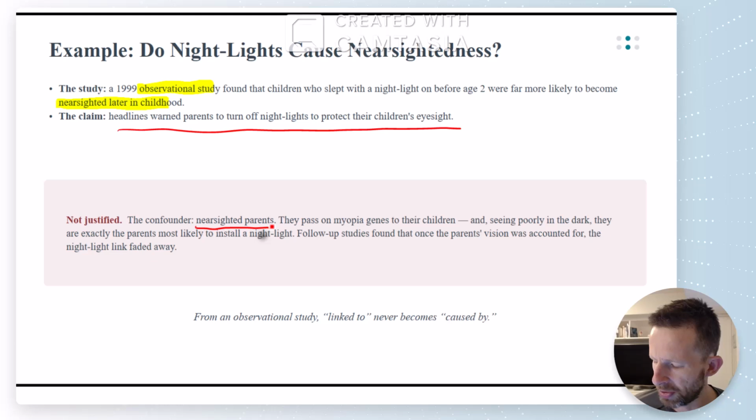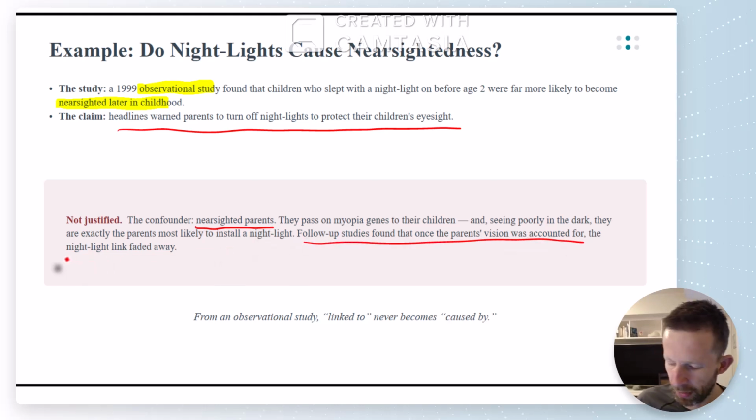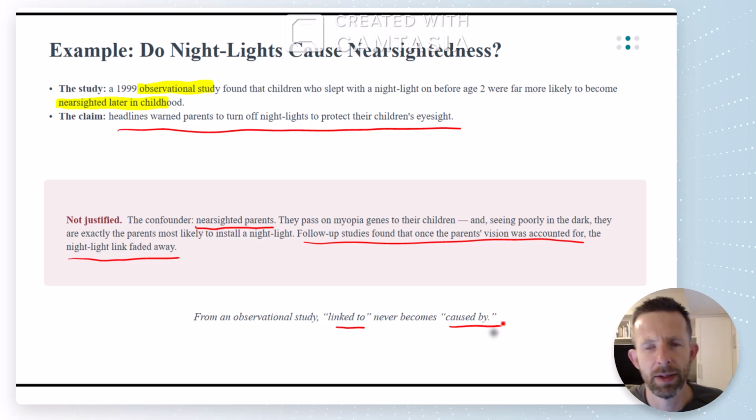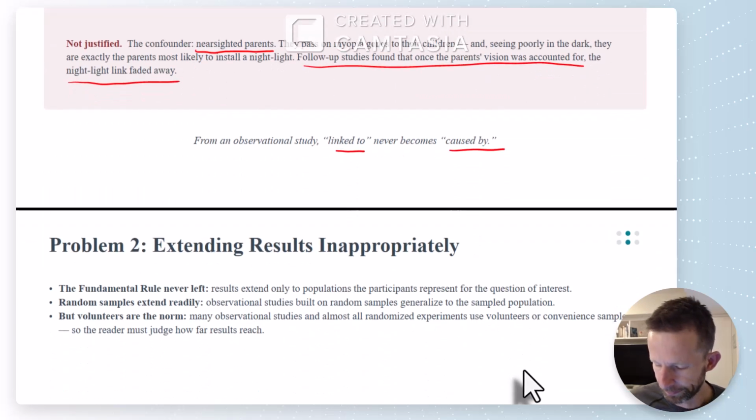They pass on myopia genes to their children, and seeing poorly in the dark, they are exactly the parents who are most likely to install a nightlight. Follow-up studies found that once parents' vision was accounted for, the nightlight link faded away. So from an observational study, linked to never becomes caused by. So once again, you can only ascribe causation to randomized, well-designed experiments.